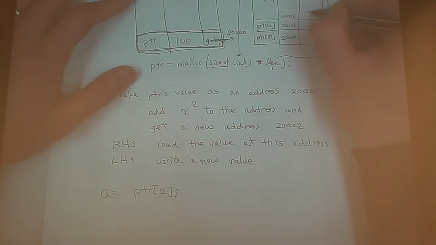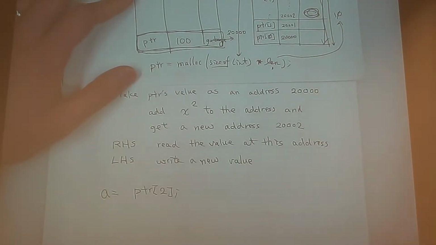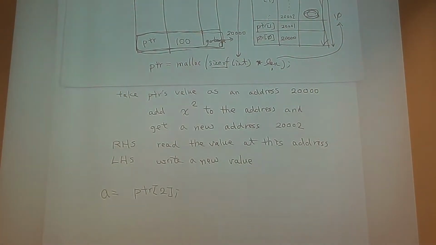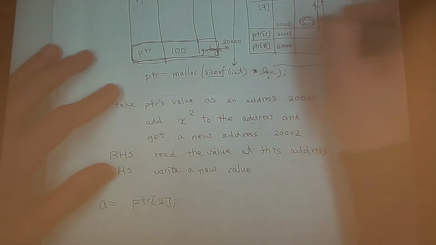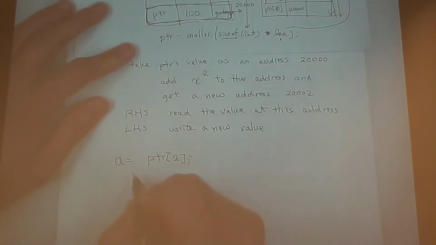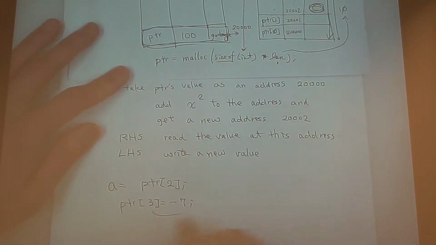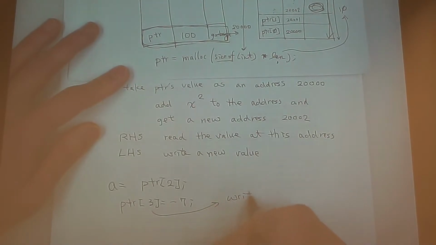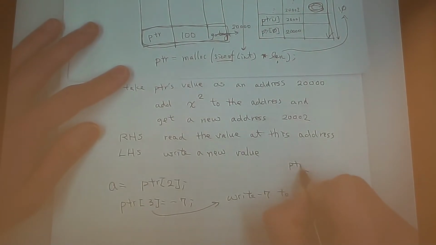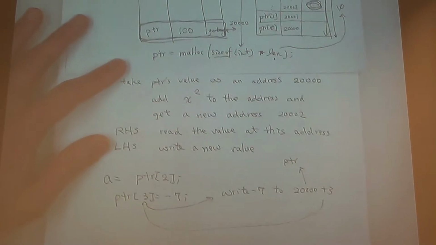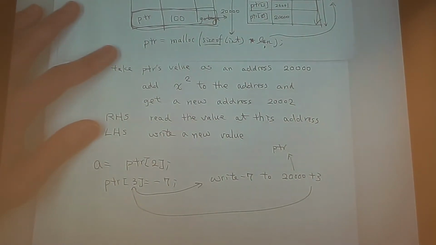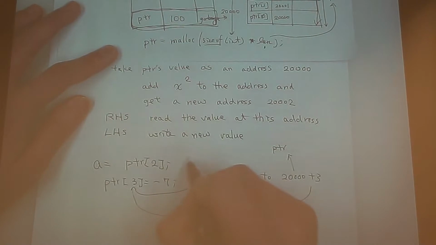So you take this one and assign to A, assuming you have some meaningful value there. Otherwise, it's garbage. If you say PTR[3] equal to minus 7, that means you are going to write minus 7 to the address 20,000 plus 3. 20,000 comes from PTR, 3 comes from here. So this is read.